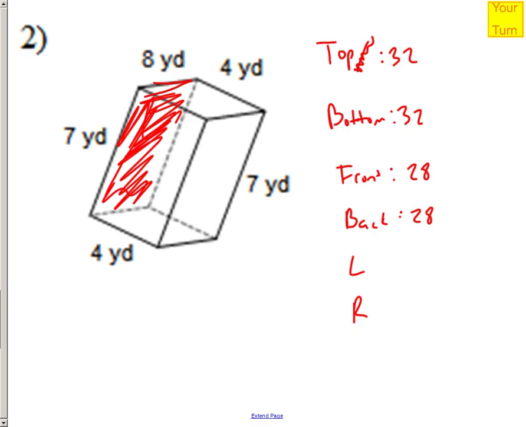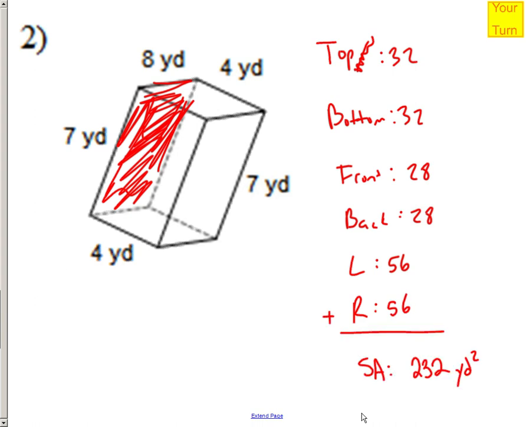See this one right here? 7 by 8. So that's 56. And that means our right is exactly the same. And here, after you add up all 6 face areas, it would be 232 yards squared, because again, we're using yards and we're talking about area, so yards squared.